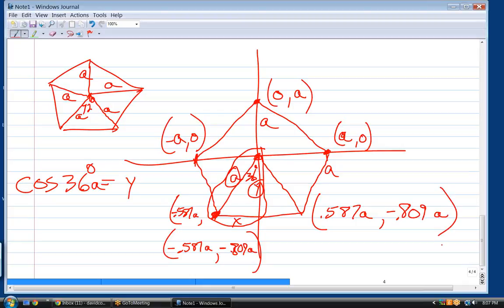Now, addressing the problem of none of the other vertices going to be on an axis, I don't know how that can be. Because that's definitely a regular pentagon, and I can divide it up into 5 triangles, and each triangle is congruent with one another.